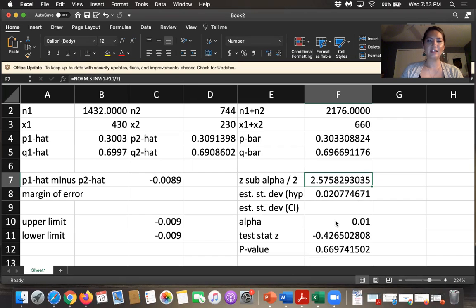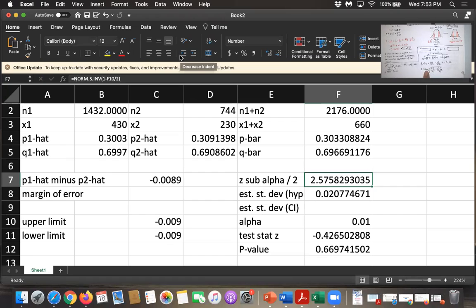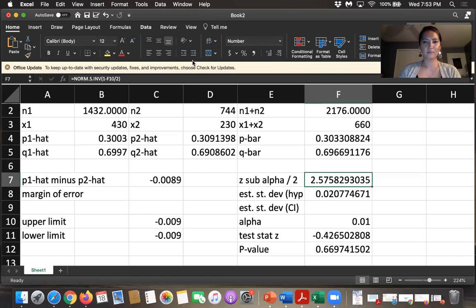And then I also need, in order to compute the margin of error here, after I've got that z sub alpha over 2, I need to compute this estimated standard deviation for our confidence interval. So that's what I'm typing right here.